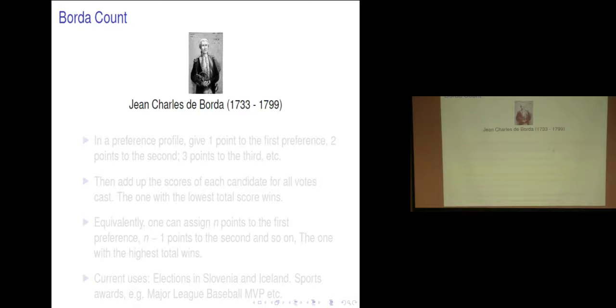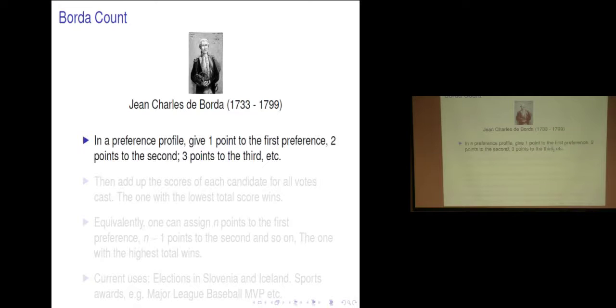This is based on a person called Borda. The method he suggests goes like this. We have this profile, right? We give 1 point to the first person, 2 points to the second person, 3 points to the third person, and so on. So each person, depending on the position he appears on the ballot, receives certain points, right?